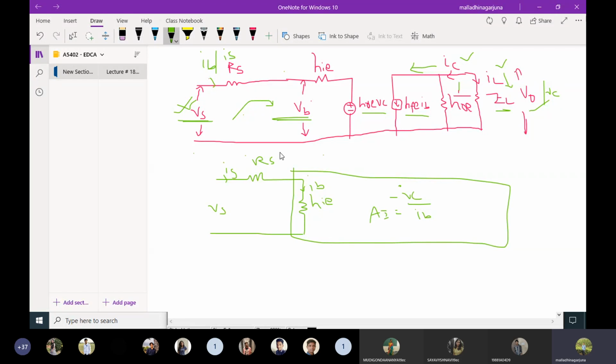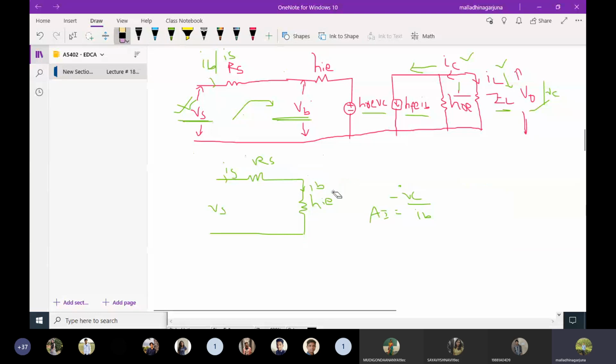For that, I am applying the source transformation theorem here. The voltage source will be replaced with a current source.